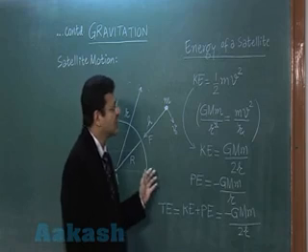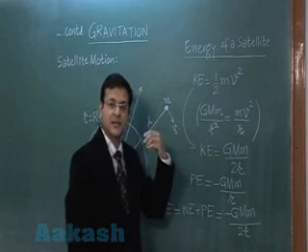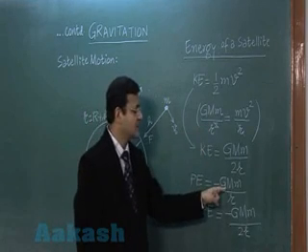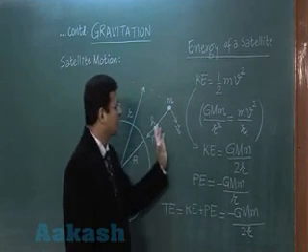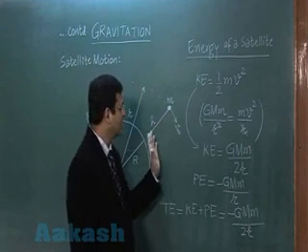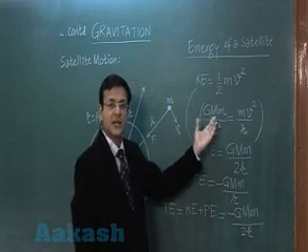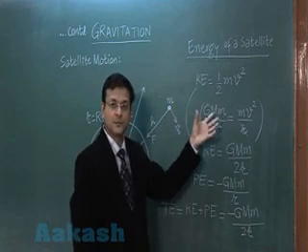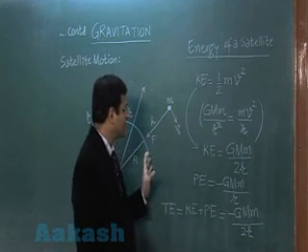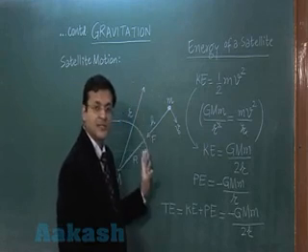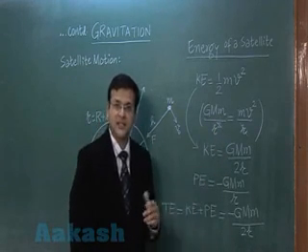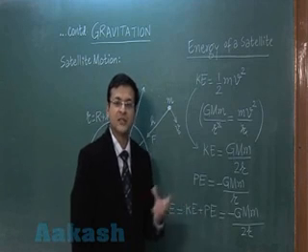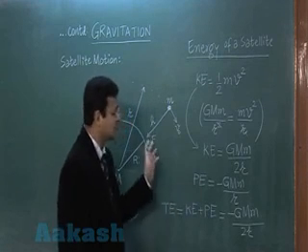And if a satellite has been placed at infinite distance, then its potential energy will be zero. That means if you are going on the upper side, then the potential energy of the satellite which is on higher altitude is more. You understand? As the value of small r is increasing, if the satellite is placed on higher orbits, then its potential energy is increasing.